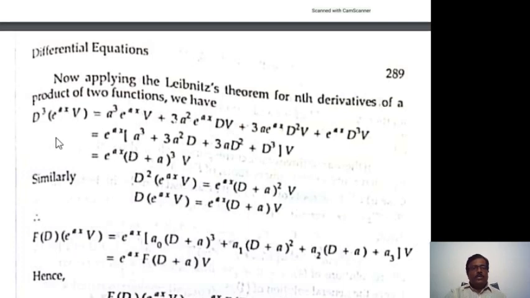Okay. So now first take the first term, D^3(e^(ax) v). Now applying the nth Leibniz rule, Leibniz theorem for nth derivatives of a product of two functions.